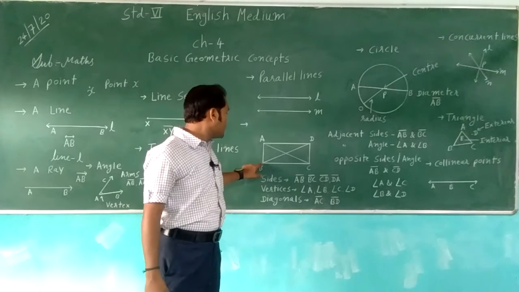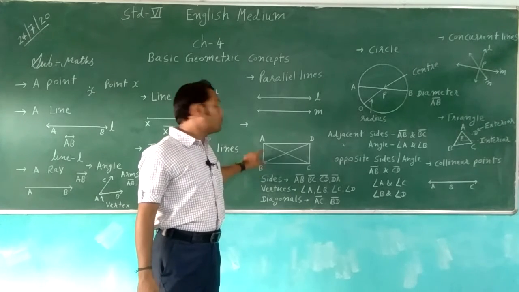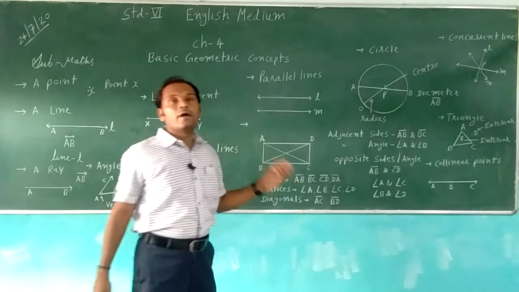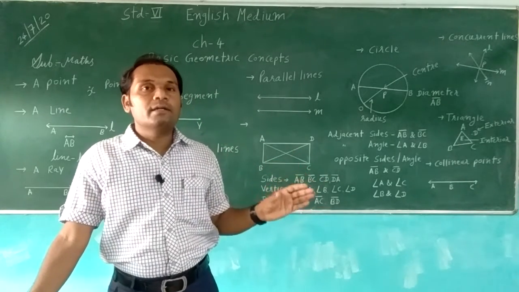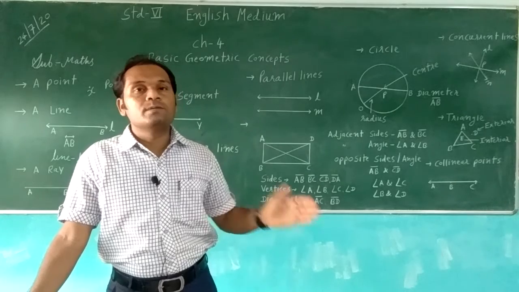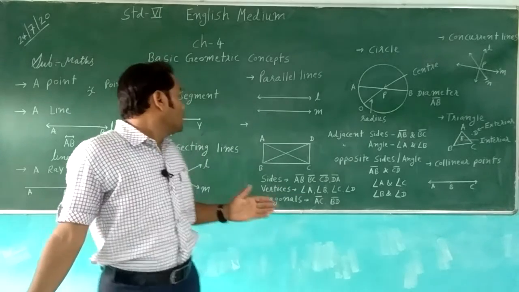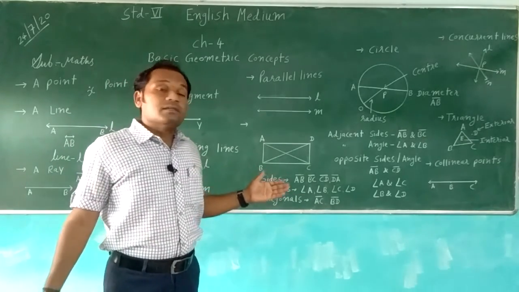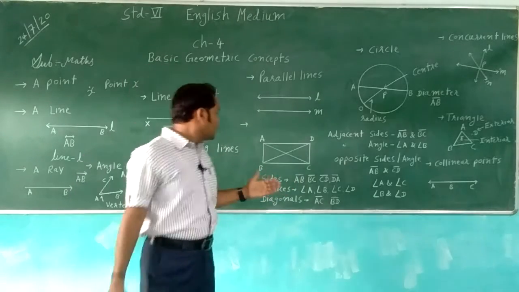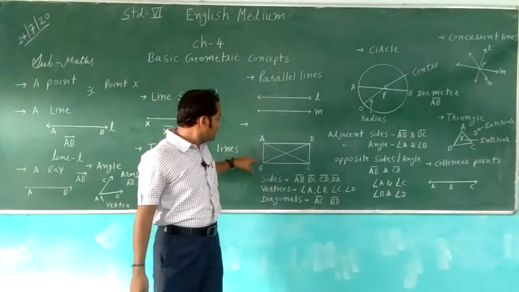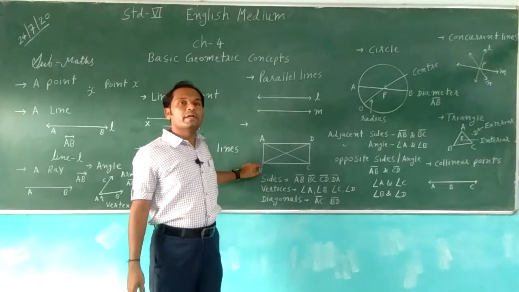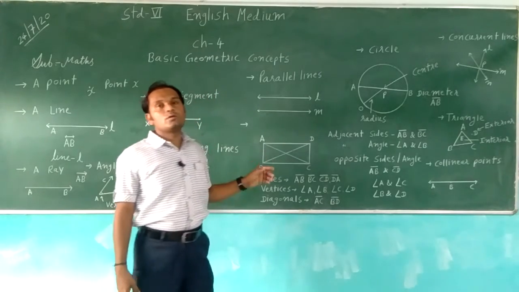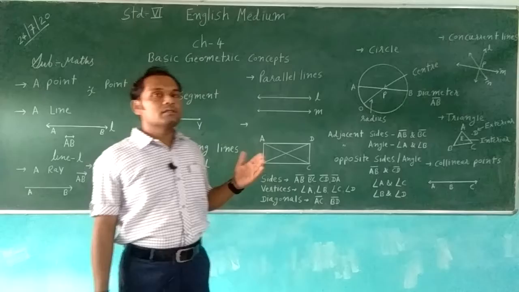Both lines have one endpoint. So if both lines have one common endpoint, then both lines are called adjacent sides. Because you can see line AB and line BC both have common endpoint B. So it is called adjacent sides.